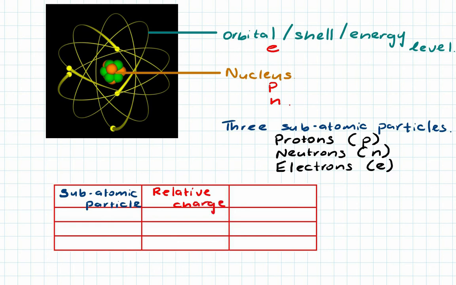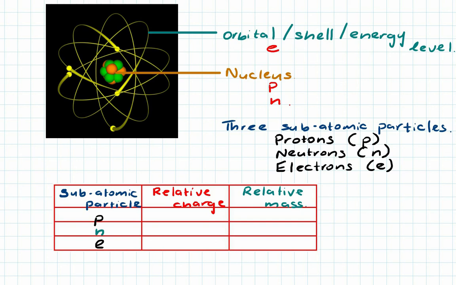And the last column with their relative mass. The first column is easy for you to fill because you have just learned the three different types of subatomic particles. So shall we fill out the first column? Protons, and the next group will be neutrons, and the last group of subatomic particles will be electrons.